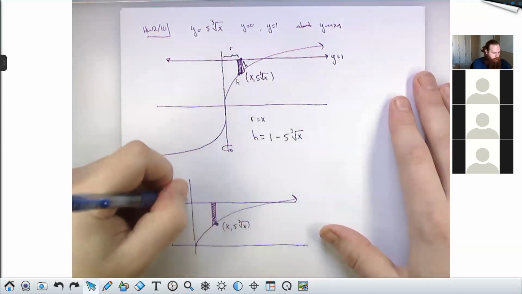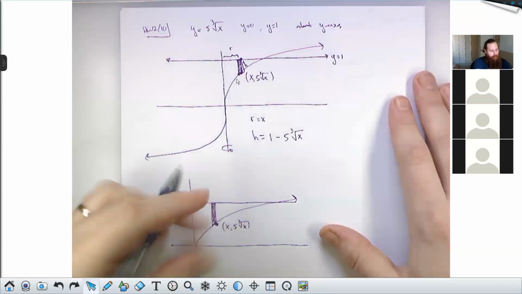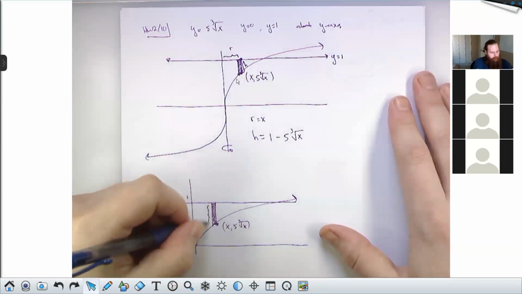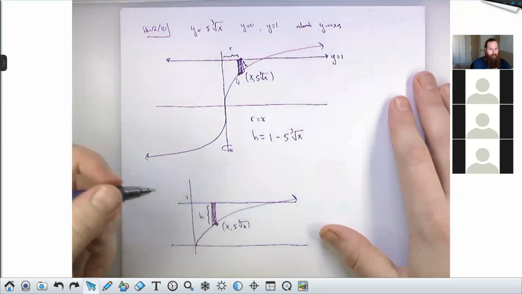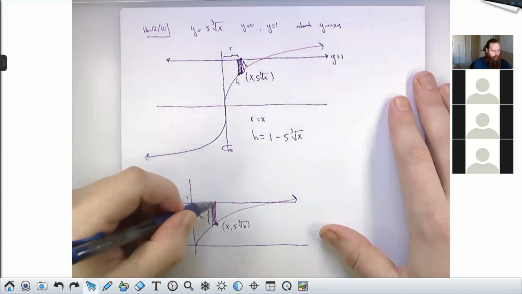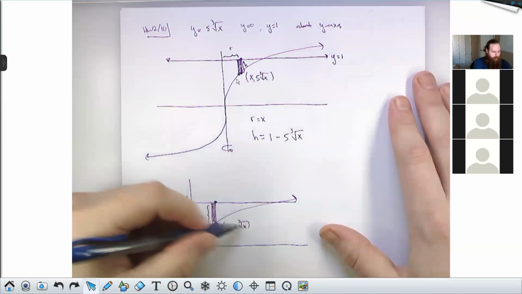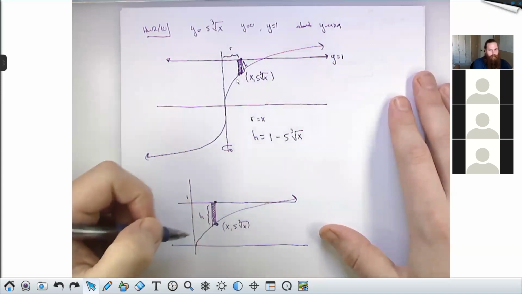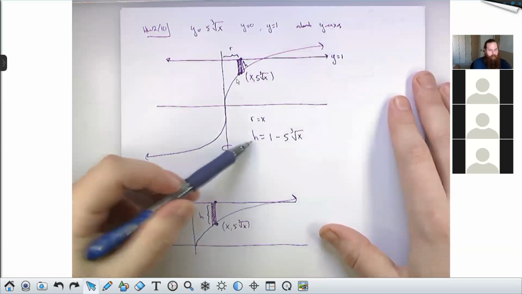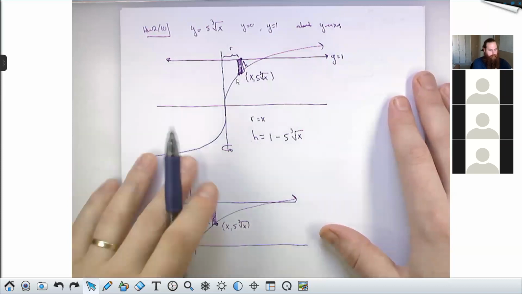And this up here is y equals 1. So the height of my strip, this guy, is this y value minus this y value. The y value here is 1, and the y value here is 5 cube roots of x. So I hope that helps you see why h is what it is.